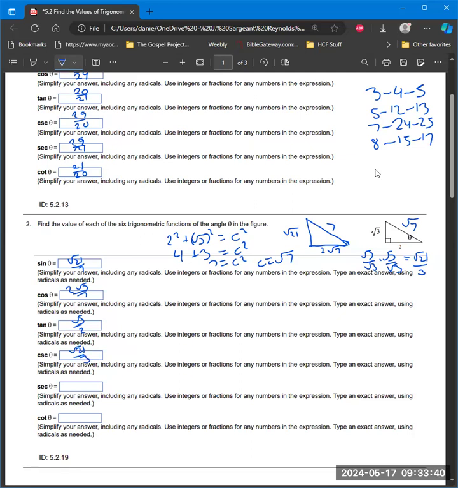And then secant is going to be root 7 over 2, hypotenuse over adjacent, and cotangent is going to be 2 over root 3, which is 2 root 3 over 3 once I rationalize.